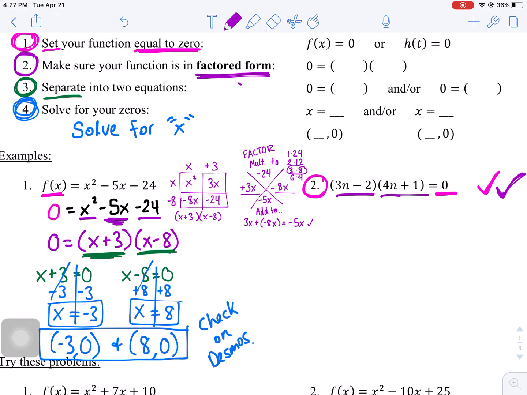So we're good there too. We don't need to factor because it's already in two sets of parentheses. So we're just going to separate it into two equations. 3n minus 2 equals 0 and 4n plus 1 equals 0.